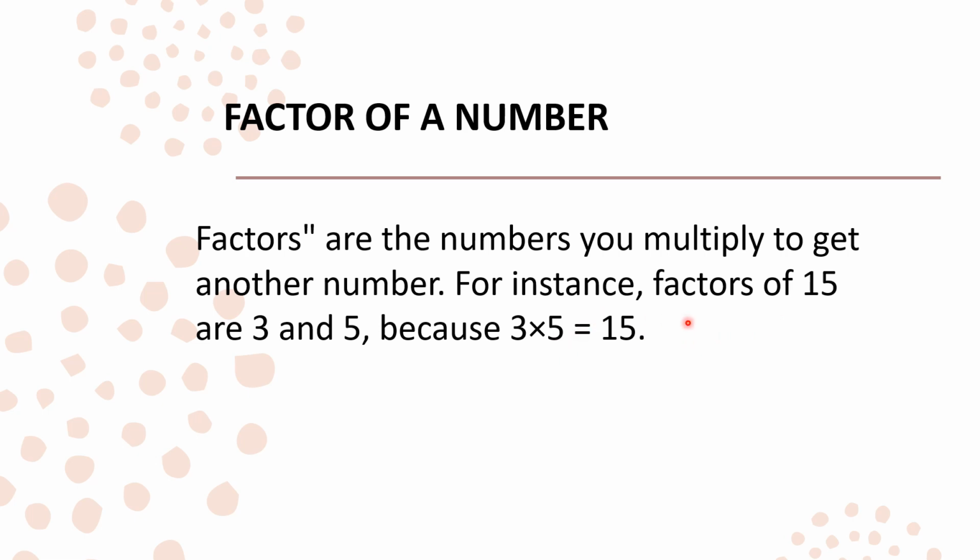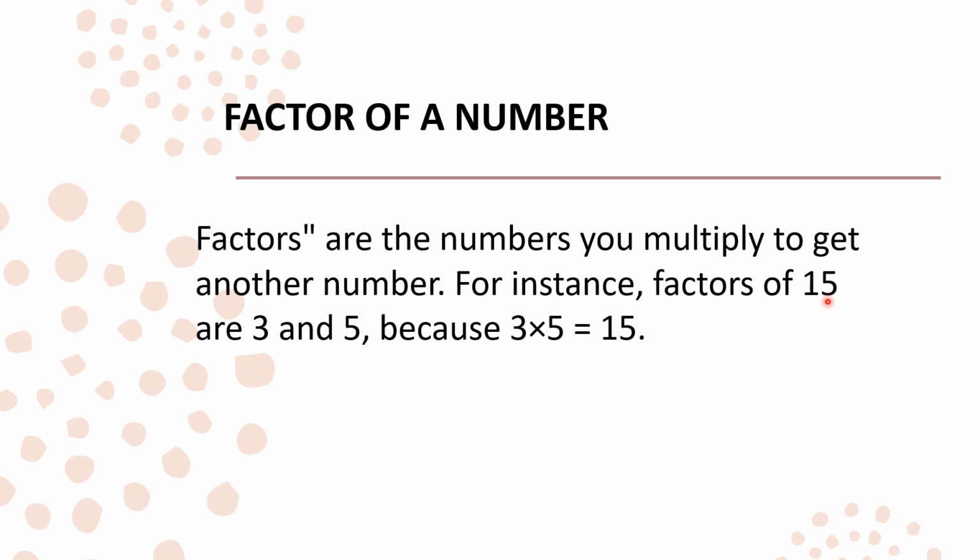So for factors of 15, in the 1 table you will get every number, so for all numbers you will get factor 1. And you will also get the number itself. The given number is also a factor of that number. So factors of 15 are 1, then in the 3 table 3 into 5, so 5 is also a factor, and then 15.